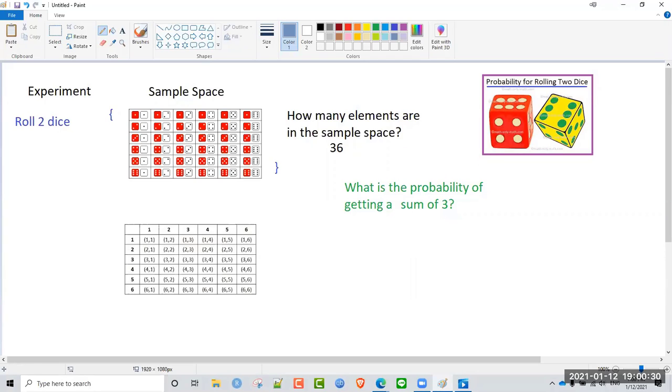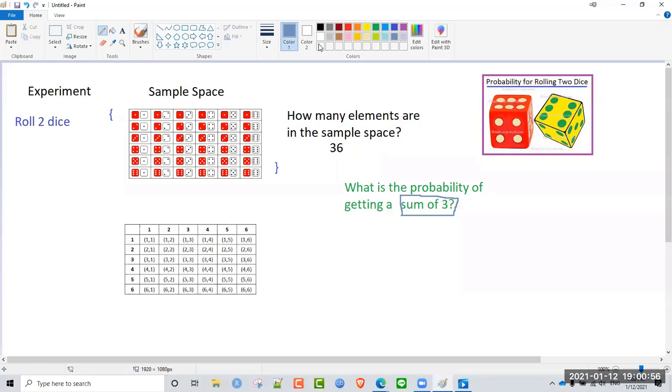Okay, who was that? Aidu Ito. Okay, that's right. He just said it's this part here. This is the event that we're talking about. A sum of 3.